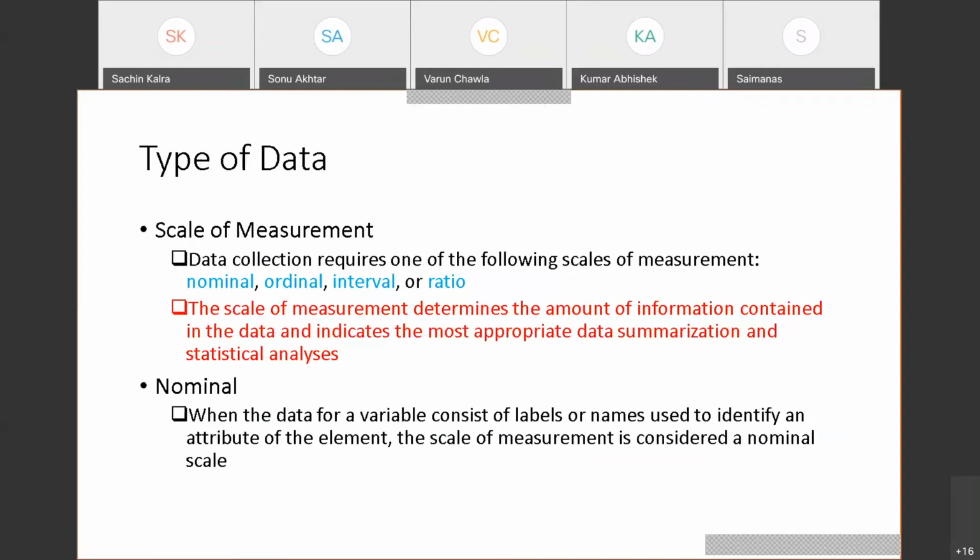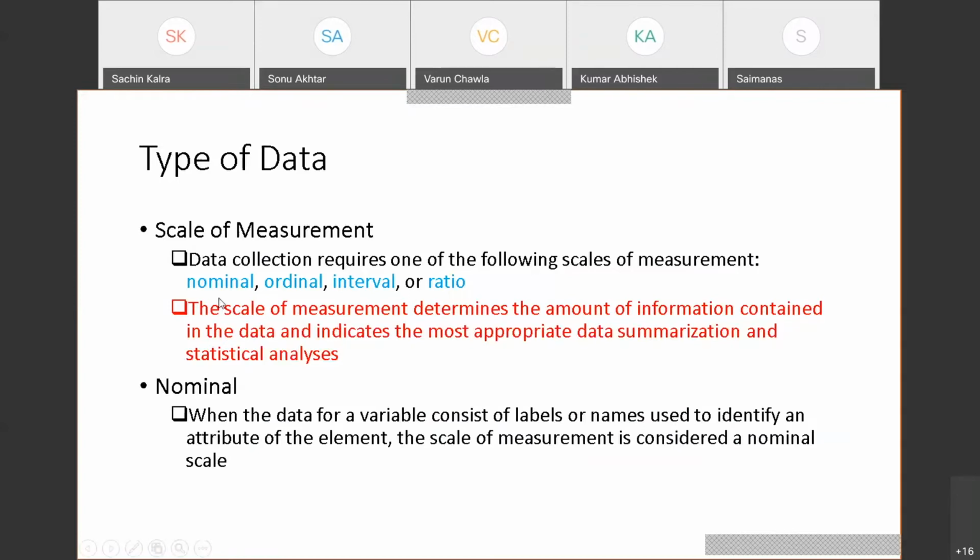Since you already have this machine learning training, in machine learning as well, if we have nominal data, the data pre-processing would be different. In ordinal, data pre-processing would be different, and likewise for interval and ratio. So that is why the scale of measurement determines the most appropriate data summarization, pre-processing, or analytical technique which will be applied.